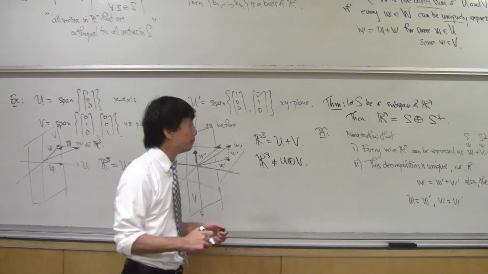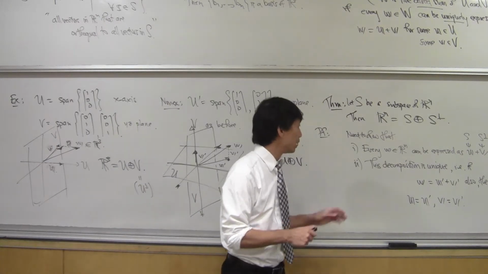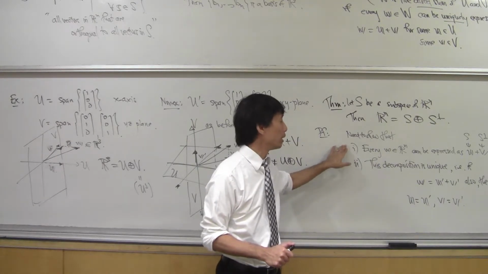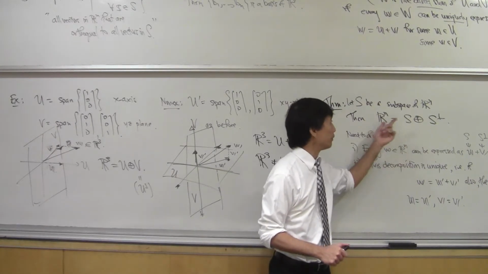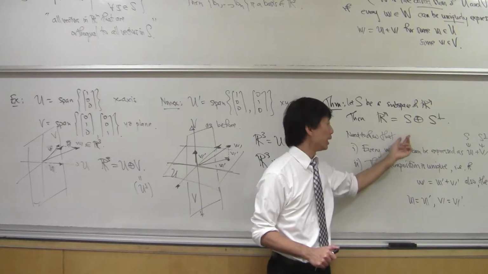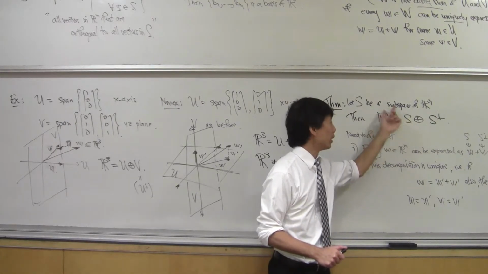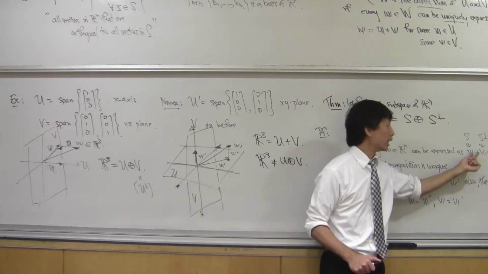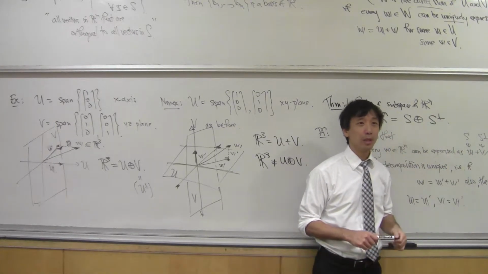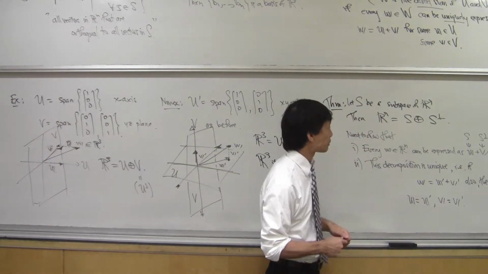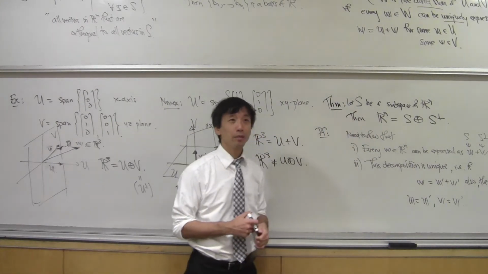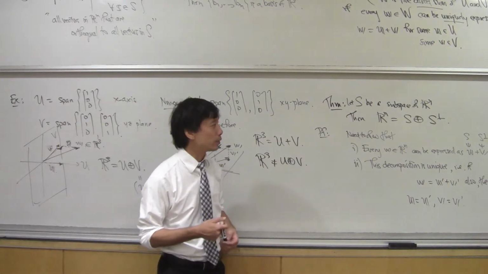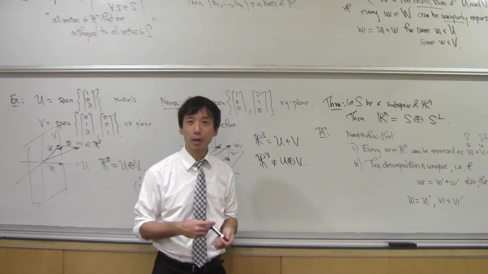I want you to try to figure out this first one. The first one actually is not hard. Why is it true that if you have a subspace S of Rn, then everybody in Rn can be expressed as the sum of something in S and something in S perp? Why is that true? This is actually a consequence of something you know about orthogonal complements.